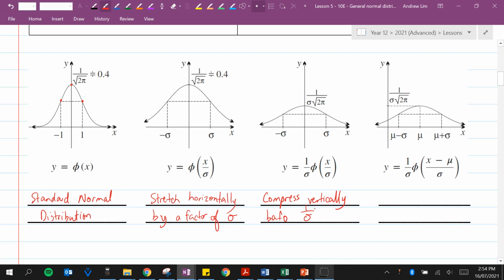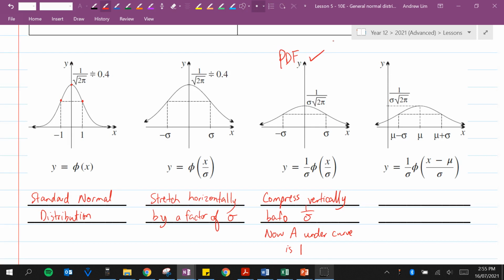When we do that, now it has an area of 1. Now the area under the curve is 1, and now this is a PDF.